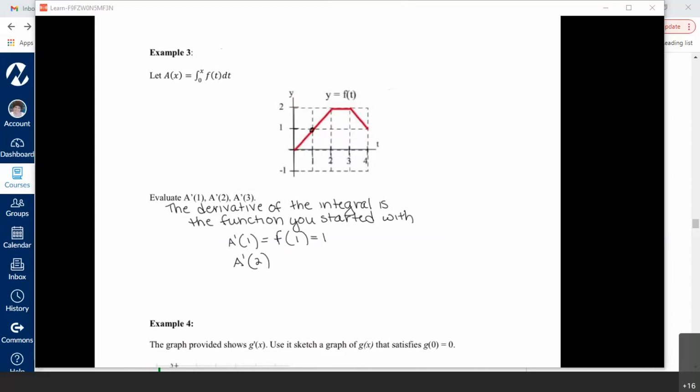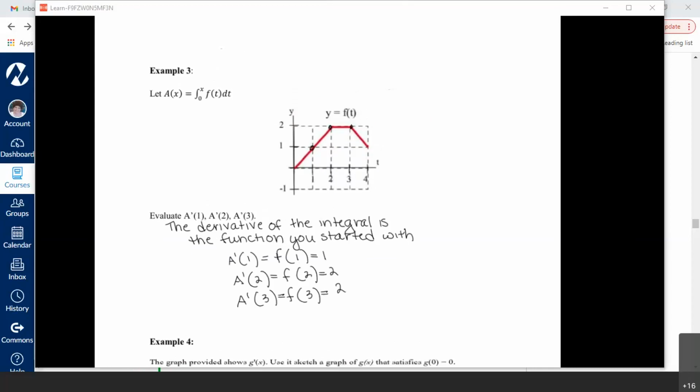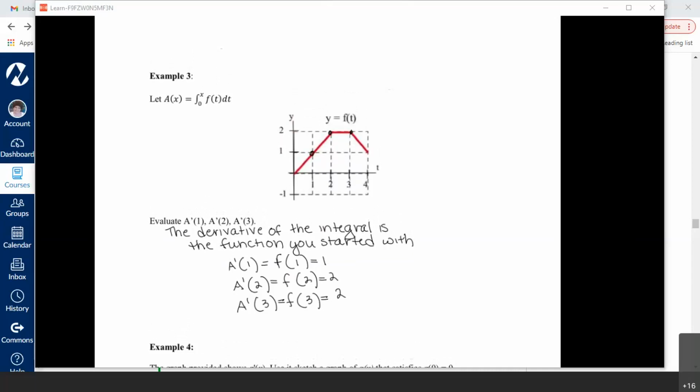A prime of 2 is f of 2. And a prime of 3 is f of 3, which is also 2. If you take a derivative of an integral, you get the integrand you started with. They undo each other.